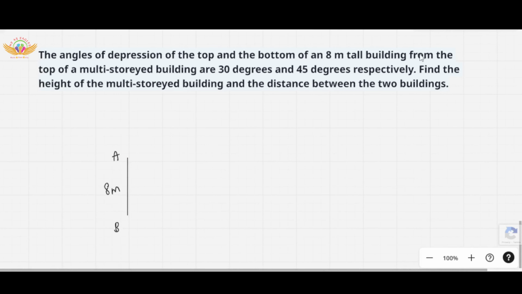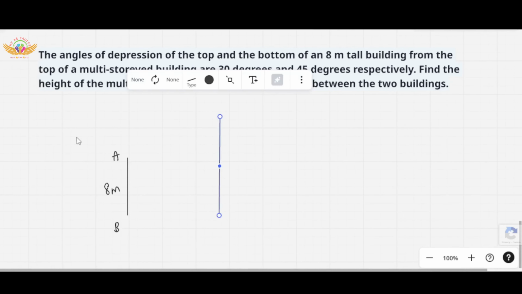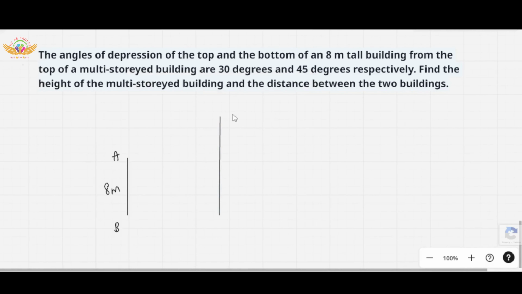And they told that from the top of a multi-storied building, there is a multi-storied building as well here. So let us draw a multi-storied building also here. This is my multi-storied building, that is, I am taking it as CD.